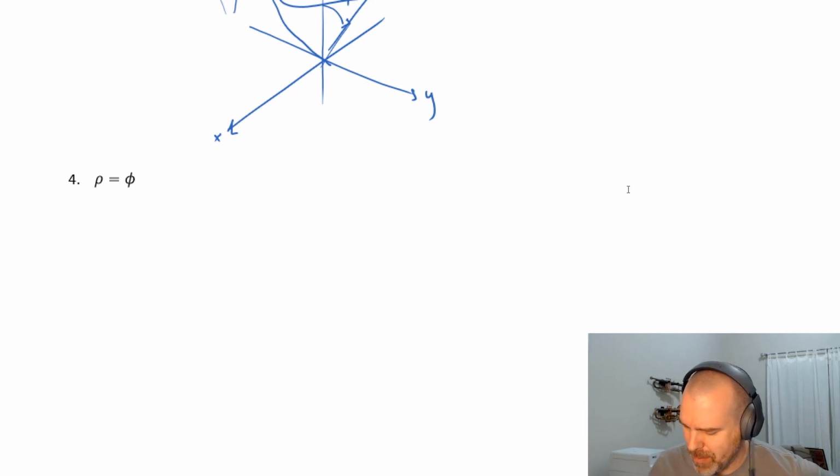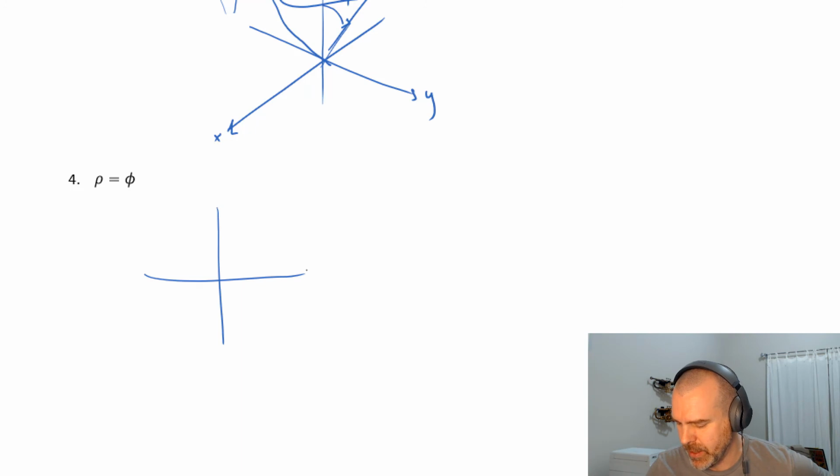This one I should have my Maple up. We can pull that out if you like. If you just look from the side, pick one of the axes here, x or y, and then you have z. So when you are right on the z-axis, phi is 0, so rho is 0.